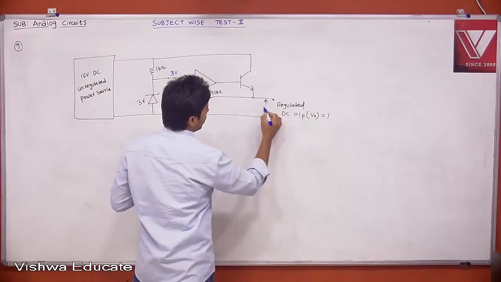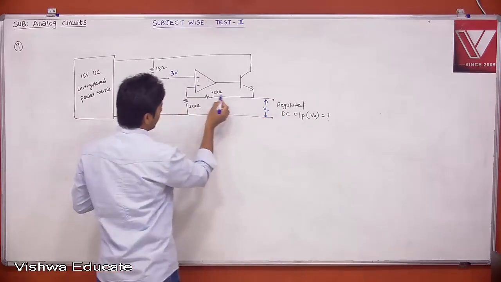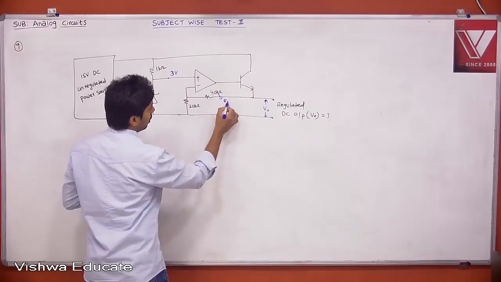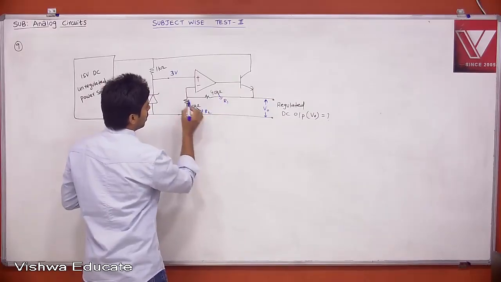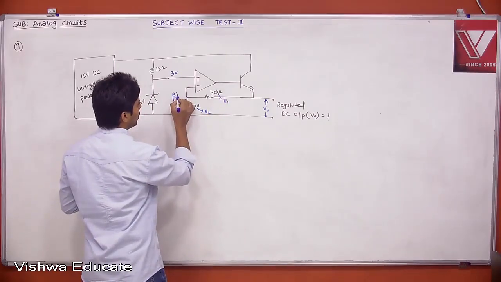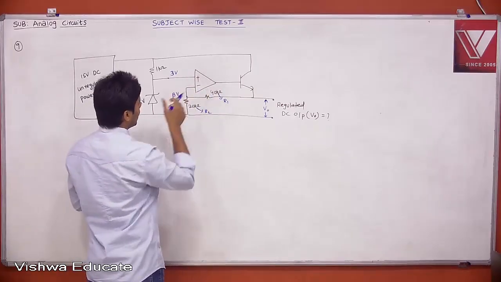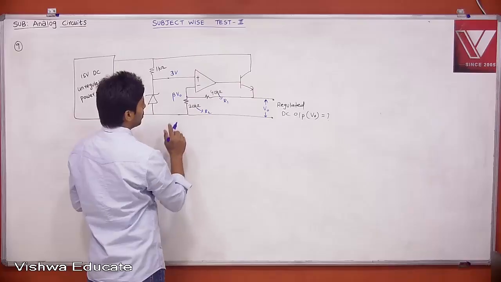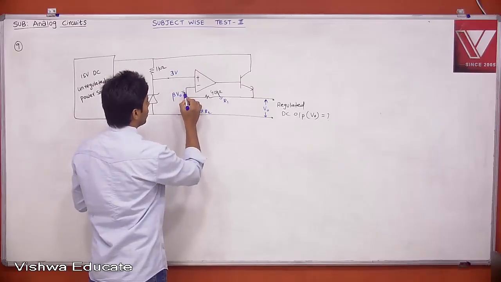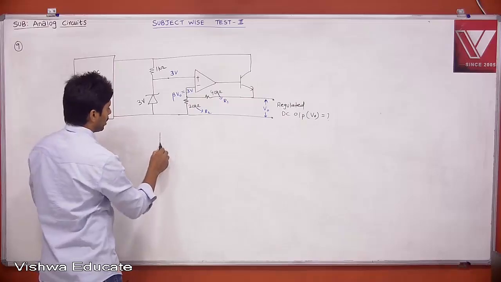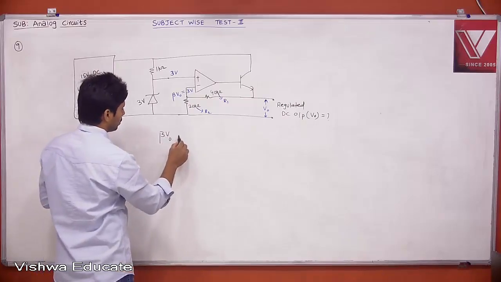When you say this is your V0 and this is your beta network, this is R1 and this is R2. Then what is this voltage? This is nothing but beta into V0. If the op-amp is in negative feedback, then the virtual short concept is valid. Then beta V0 is equal to 3 volt.